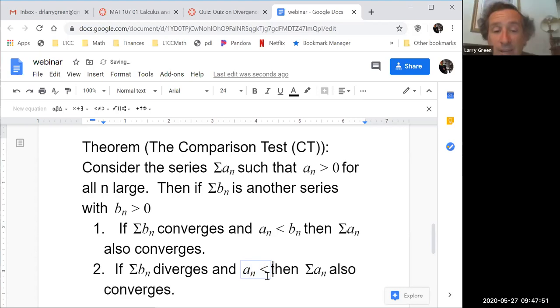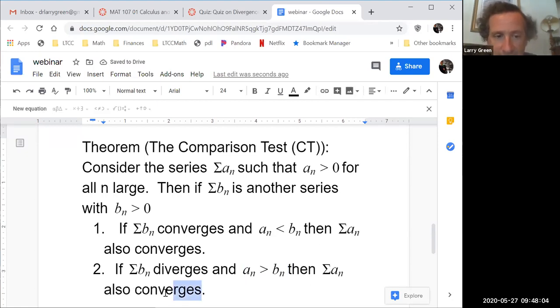I need the inequality to be the opposite. So, if An is greater than Bn, then An also diverges.